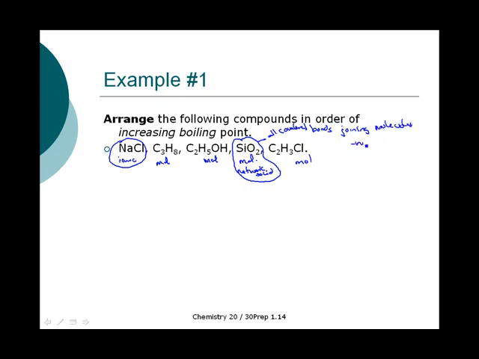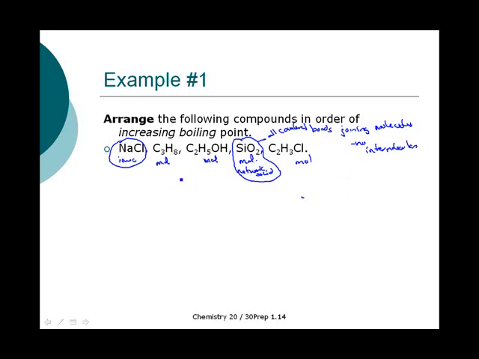And if there's no intermolecular forces, it's very similar to an ionic compound in terms of how all the atoms are joined together. So now we know that these two are going to be the ones with the highest boiling point.